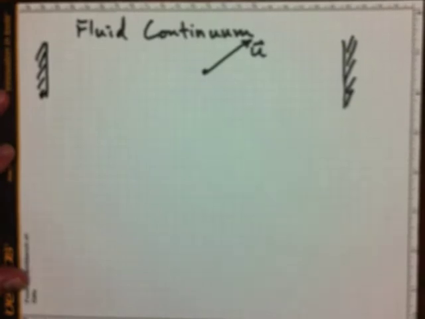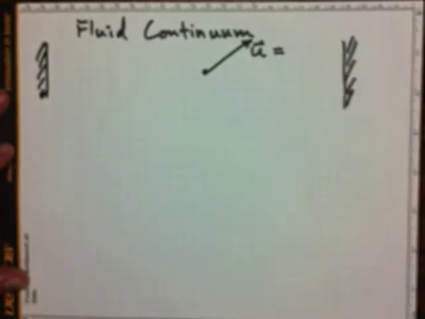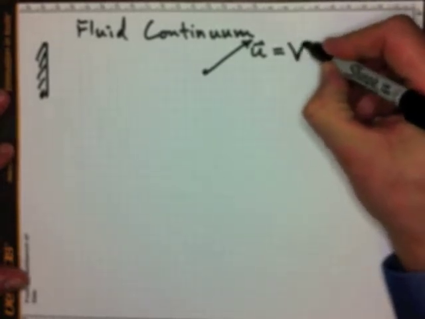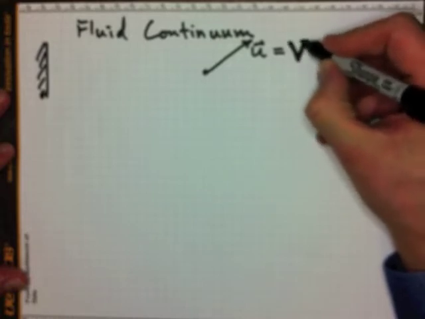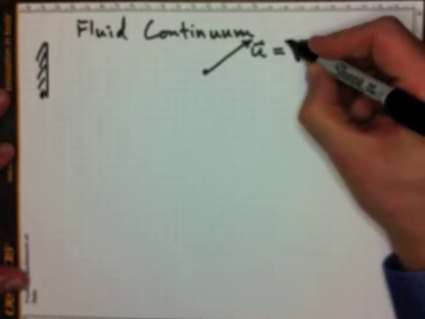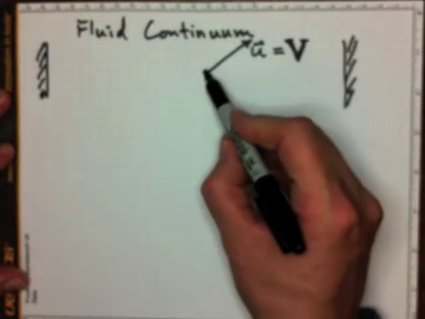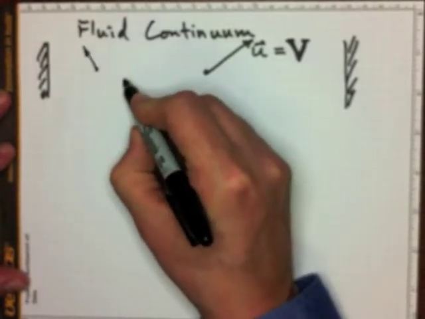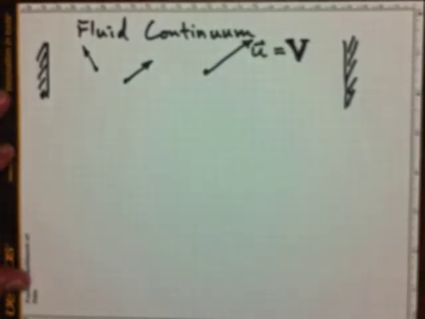And we can write it as a U with a little arrow on top like that, or as is used in Munson typically and some other textbooks, we can write it as a capital V, bold-faced, usually with some serifs on it, also indicating that it's a vector. But the key thing is velocity at any given point in the fluid is a vector in either 2 or 3 dimensions.